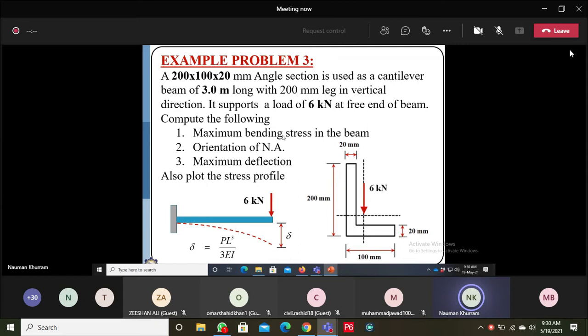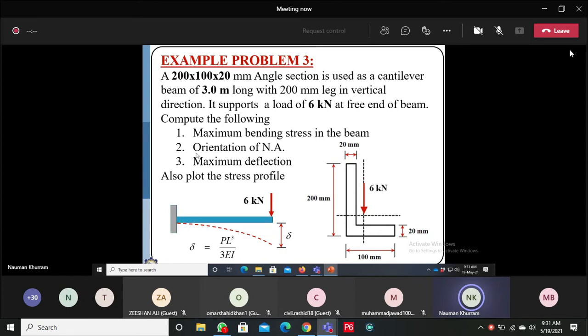The longer leg is in the vertical direction. The beam is subjected to a downward load of 6 kilonewton that may or may not pass through the centroid, but is acting parallel to the vertical centroidal axis.